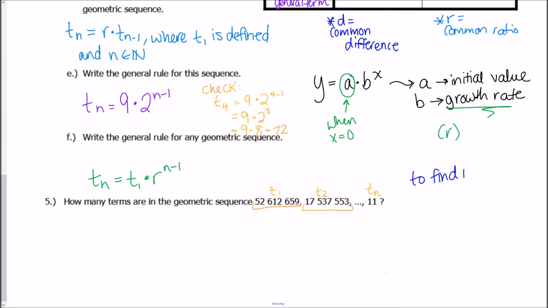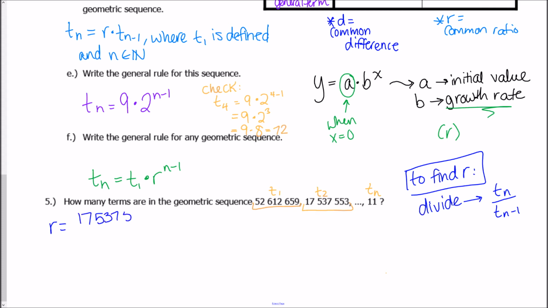And the best way to find the r value is, so let's write this down. To find r, the best way to do it is to divide the following terms. So we'll do t sub n divided by t sub n minus 1. So basically one term divided by the term that came before it. So right here, I'm going to find r by taking 17,537,553, and I'm going to divide that by 52,612,659.